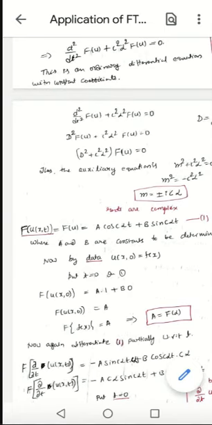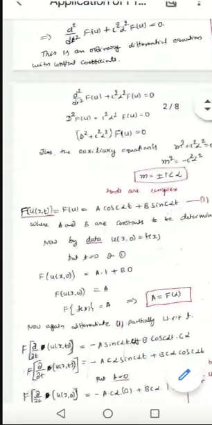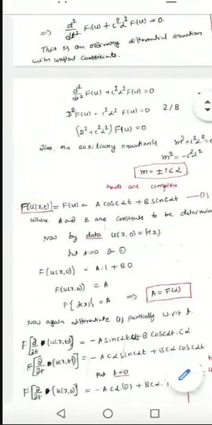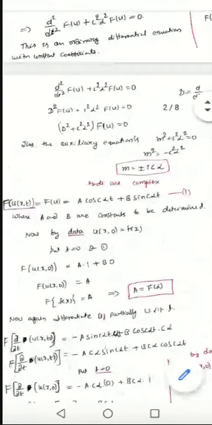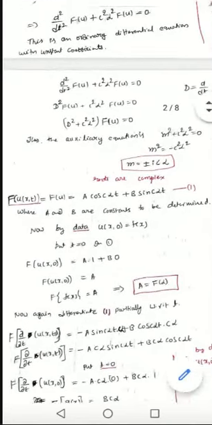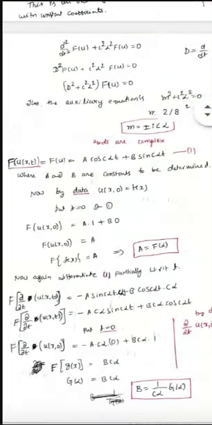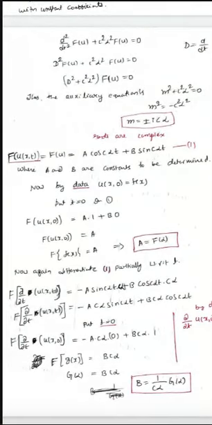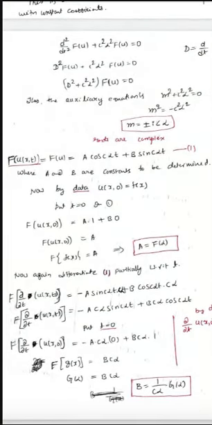f of u of x comma t can be written as f of u. This is a complex function, so we can write a cos c alpha t plus b sin c alpha t, call it equation 1, where a and b are constants to be determined. Now by data u of x comma 0 equal to f of x, put t equals 0 in equation 1. Why am I taking t equals 0?